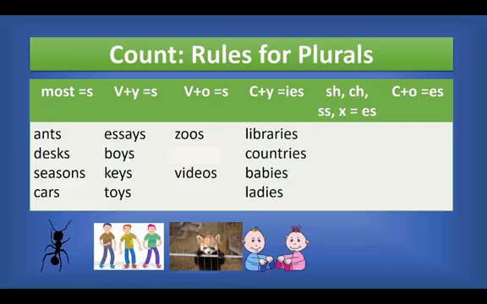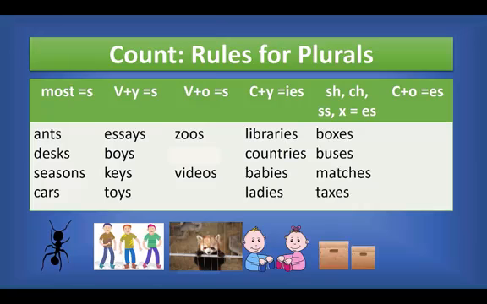If a noun ends in a consonant plus Y, we need to change the Y to I and then add ES, such as libraries, countries, babies, ladies. Words that end in sh, ch, s, and x need es added. For example, boxes, buses, matches, and taxes.